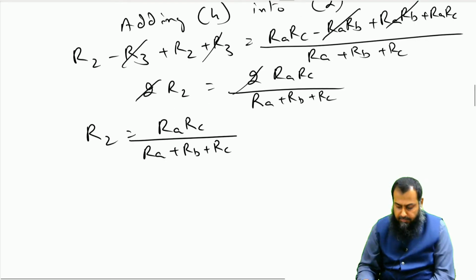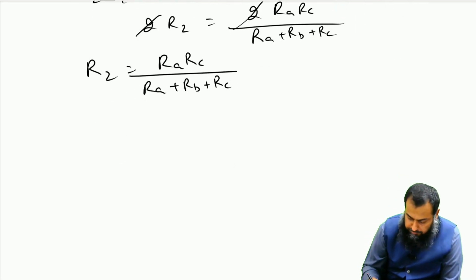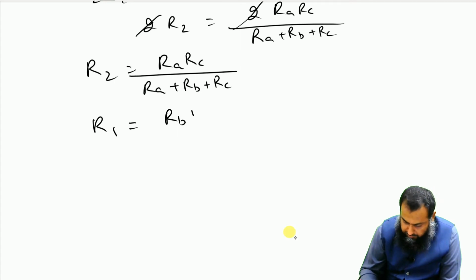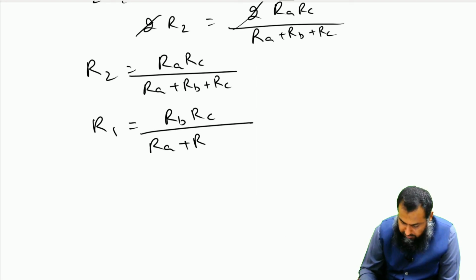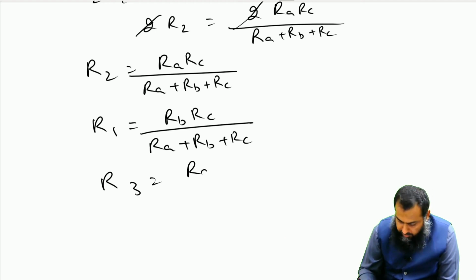So let me write them as well. So this is R2, consequently we have R1, that is equal to RB RC divided by RA plus RB plus RC, and we have R3, that is equal to RA RB divided by the sum of all the resistances.